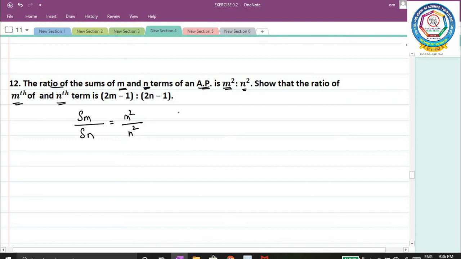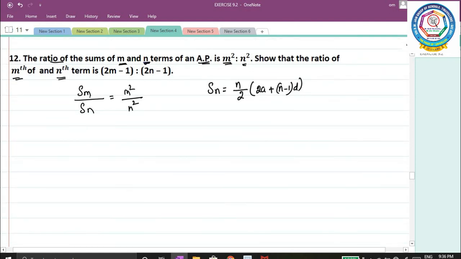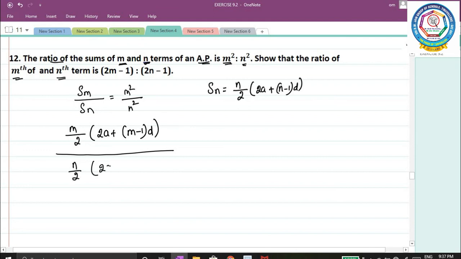So we have to apply the sum of n terms formula. We know that the sum of n terms equals n by 2 into 2a plus n minus 1 into d. Here, instead of n, m is there. So m by 2 into 2a plus m minus 1 into d, by n by 2 into 2a plus n minus 1 into d, equal to m square by n square.